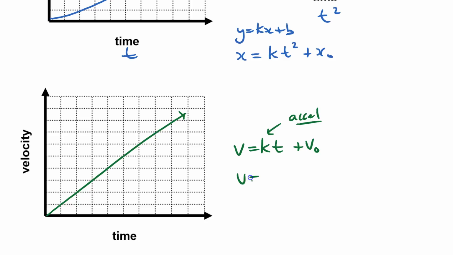So we could say that v is equal to at plus v0, or another way we could write it is that this acceleration we learned was the slope. So we often said acceleration is equal to the rise over the run. Two different ways of expressing the same thing.